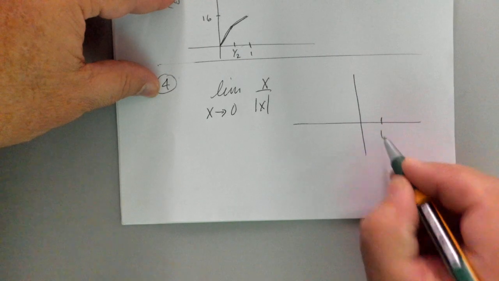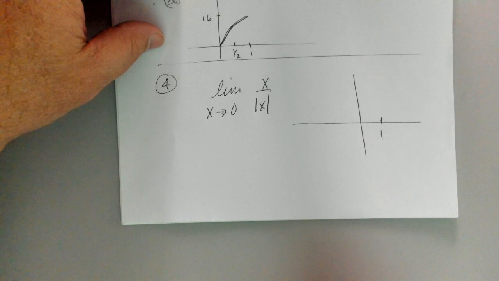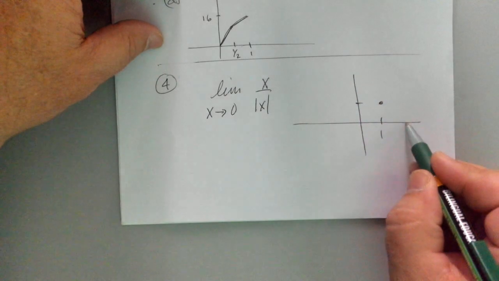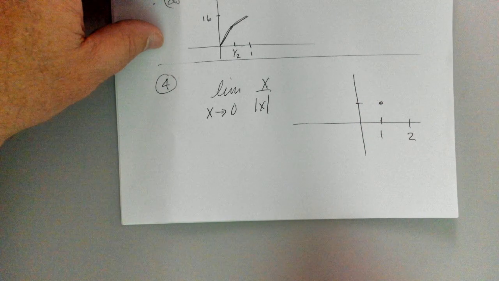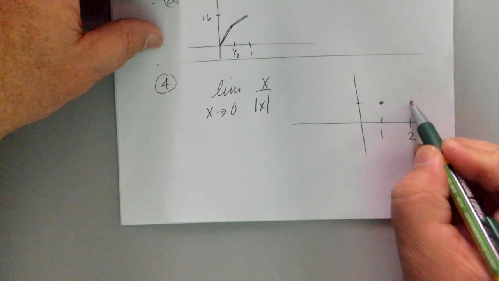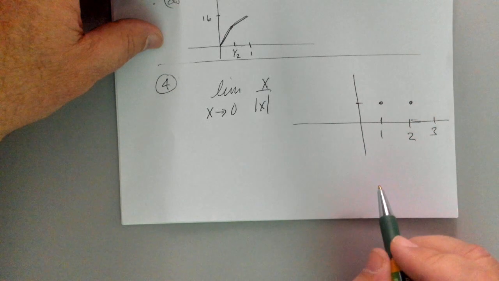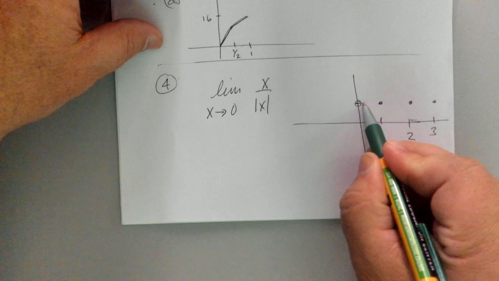If x is positive 1, what's y? Positive 1 over 1 is 1. And x is 2. What do we get? 2 over 2 is 1. When x is 3, 1. And we can't use 0, so we have that.